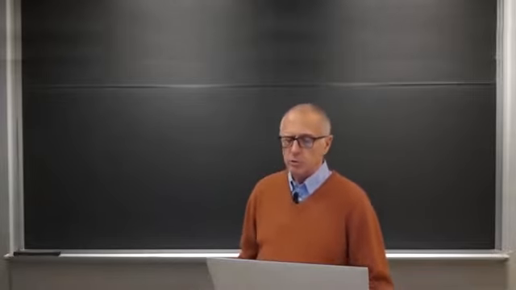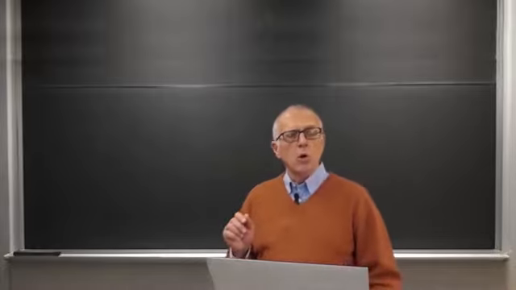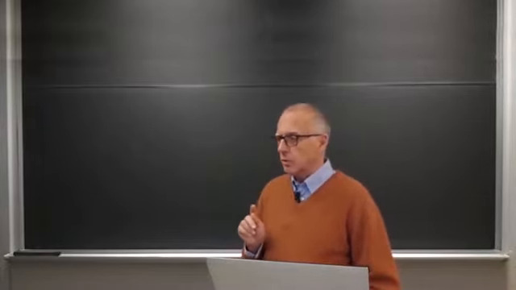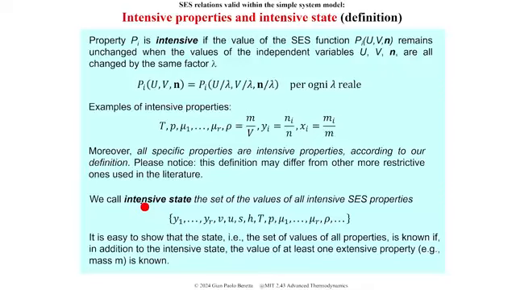And you can show that if you have the intensive state, then you also have the value for one extensive property, then you have completely fixed the state. So, in order to get the state, we're talking about stable equilibrium states within the simple system model, you can start from the intensive state and add an extensive property.